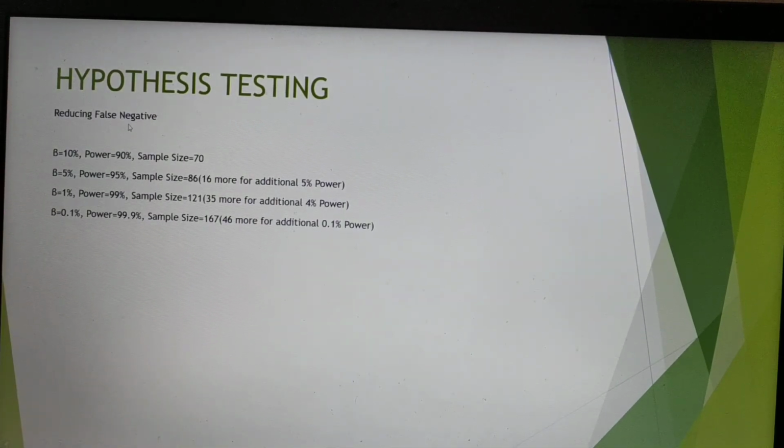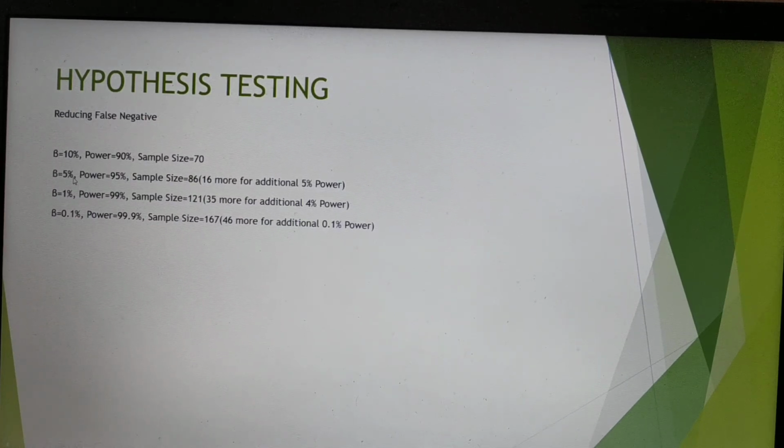So for reducing false negative, when beta was 10%, power was 90%, the sample size was 70. Beta is equal to 5%, power is equal to 95%, the sample size increases to 86. So for 5% increase in power, 16 more additional readings were required.